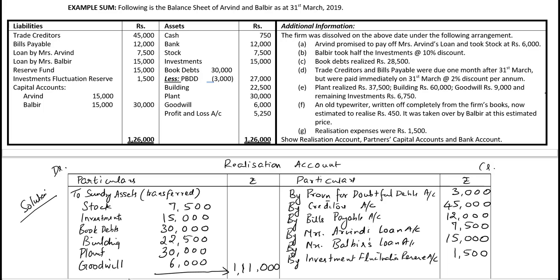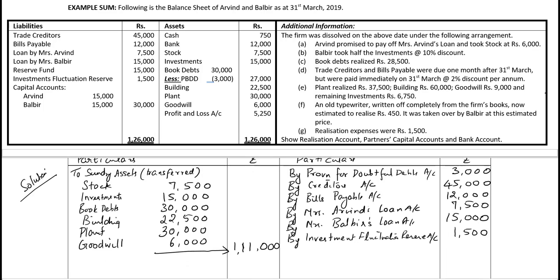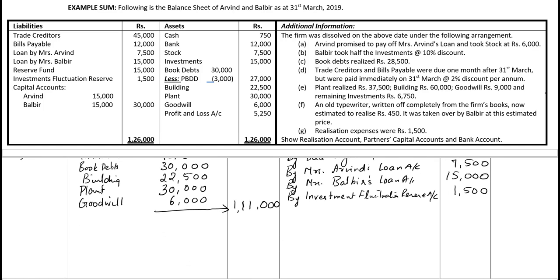Let's start with the additional information. Point A says Arvind promised to pay off Mrs. Arvind's loan. So, partner taking over a liability, to Arvind capital account for Mrs. A's loan.